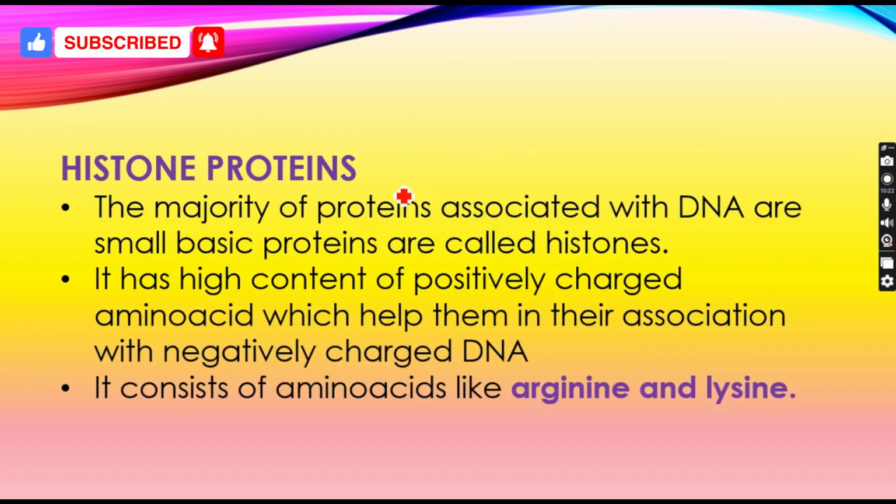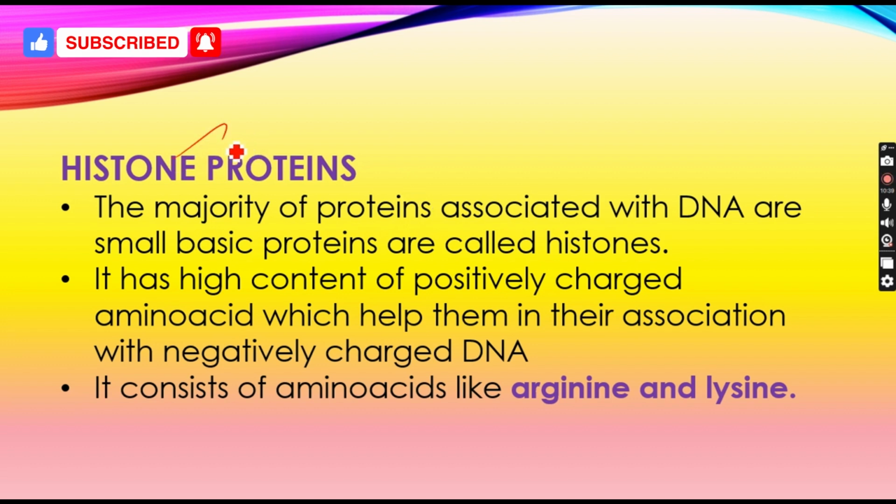First, we are going to see about the histone proteins. It is very important for the compaction of the DNA into a chromosome. Only by the histone proteins is this compaction going to take place.